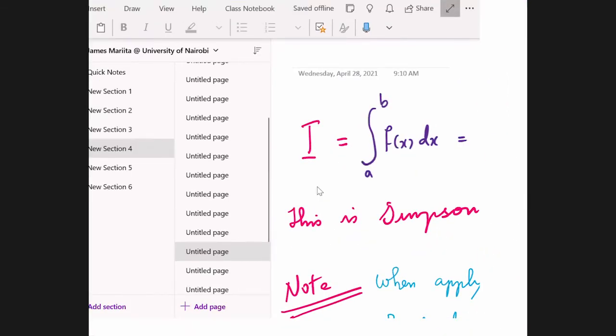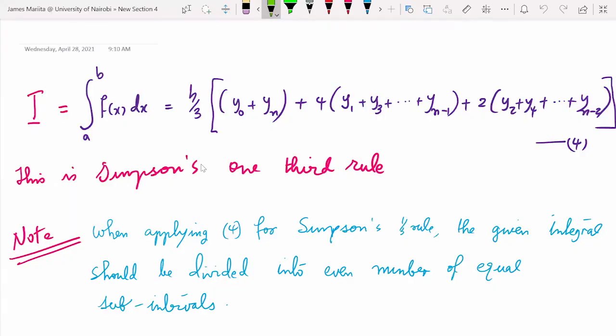So then this will be h over 3, y0 plus yn, then there is 4 times (y1, y3, up to yn minus 1), then twice (y2, y4, y6, and so on). So this will be known as the Simpson's 1/3 rule, where we have come up with this one from the following.